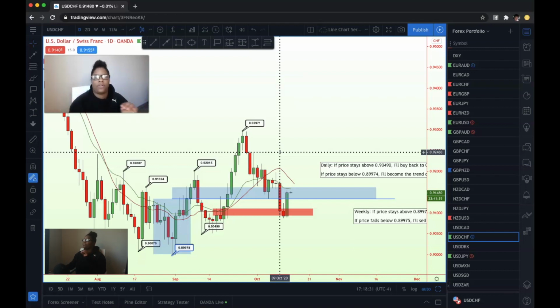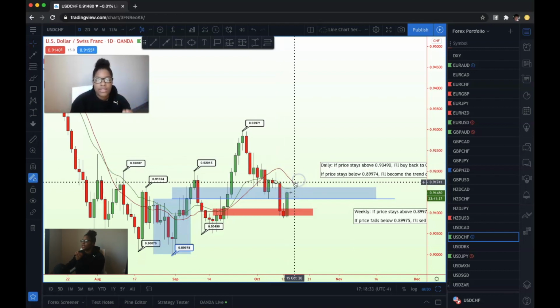Work it in your favor, okay? So I'm using the leverage in my favor. Oanda gives me 50-to-1 leverage, which means for every $1 that I deposit, they're giving me $50. Some people prefer 100-to-1 or 200-to-1 leverage, and most people prefer 500-to-1.